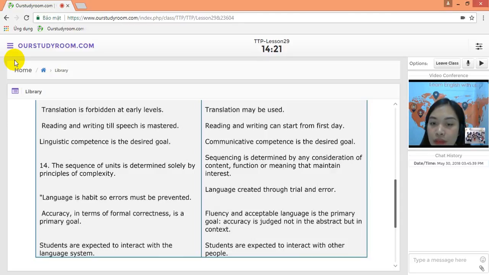Mastery of the sound and communication. I think that in the audiolingual method, mastery of sound means that we make the learner master it. But in communicative, we pay attention to the communication target.